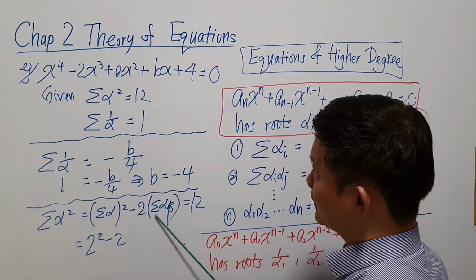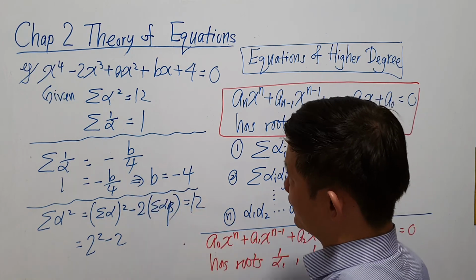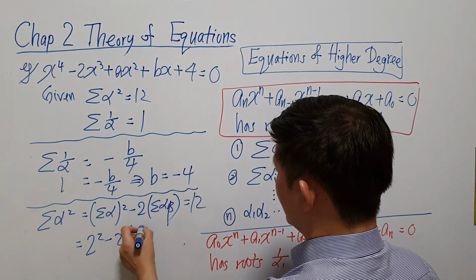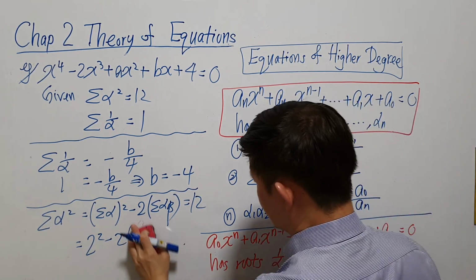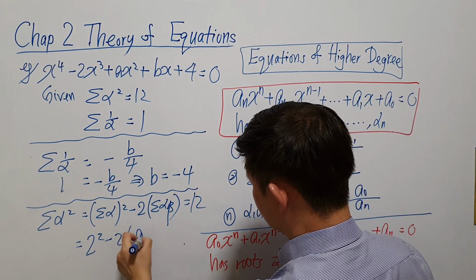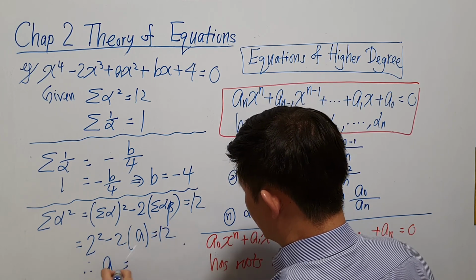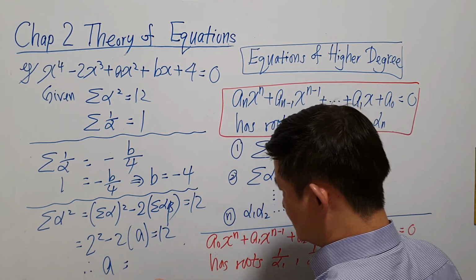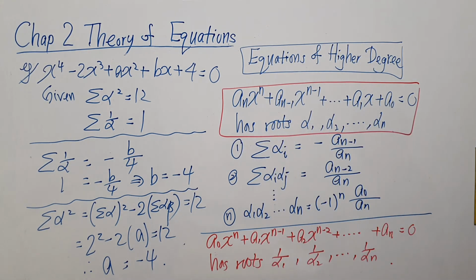And then the summation of alpha beta is this over the first coefficient, which is a over 1, or just a. Therefore, a is equal to minus 4. Check my arithmetic, see if I'm correct.